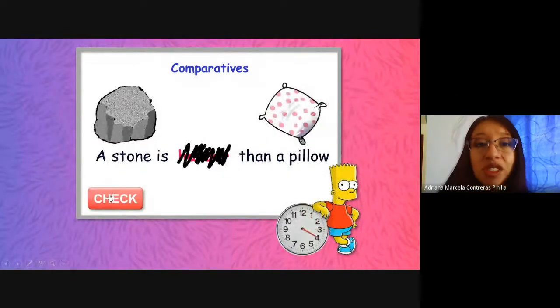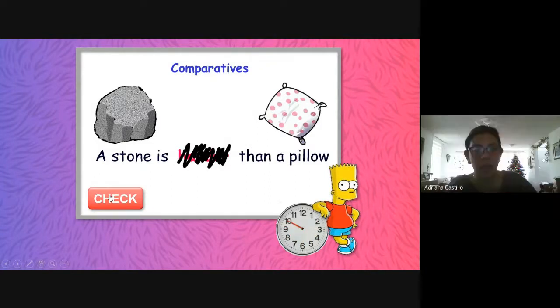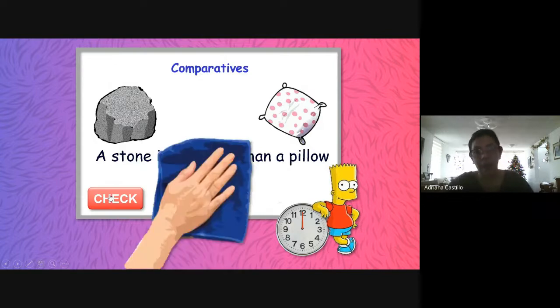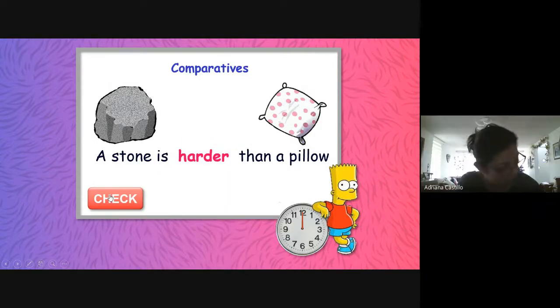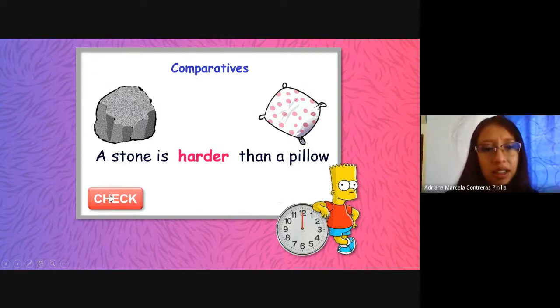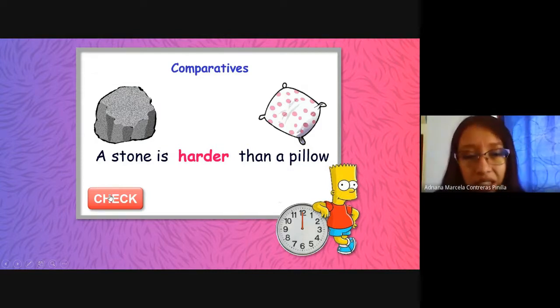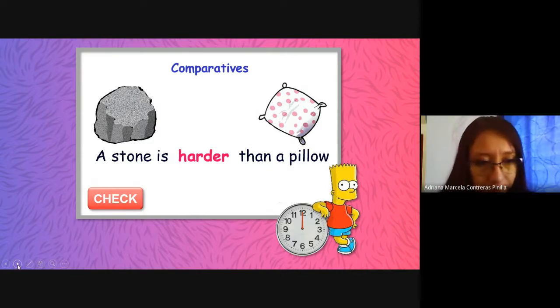A stone. Did you remember that example that I put a pillow and a wall? A stone is heavier than a pillow. Or harder in this case. Harder, es más dura que una almohada.